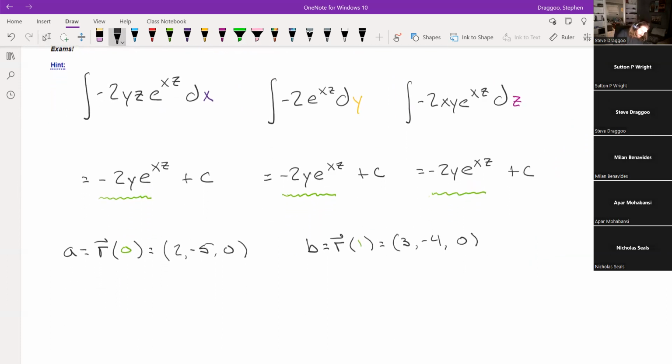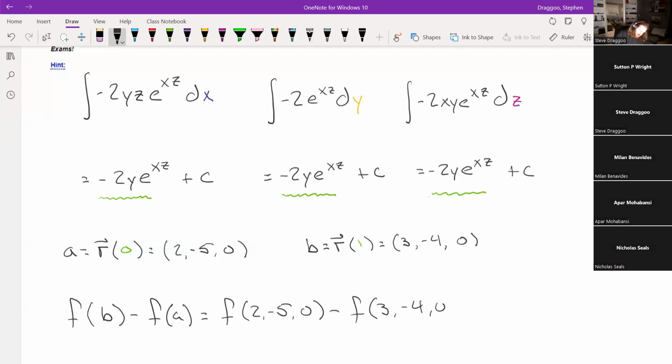That should look like f of 2, negative 5, 0 minus f of 3, negative 4, 0.